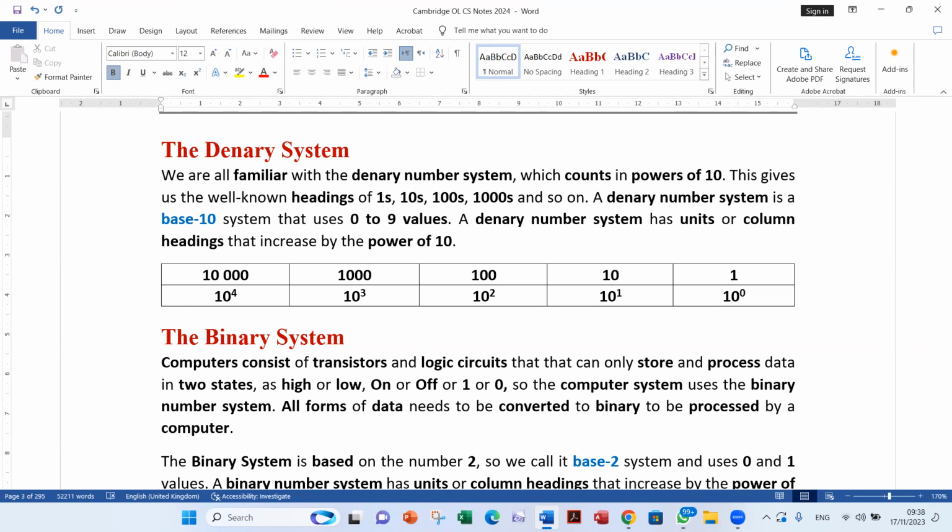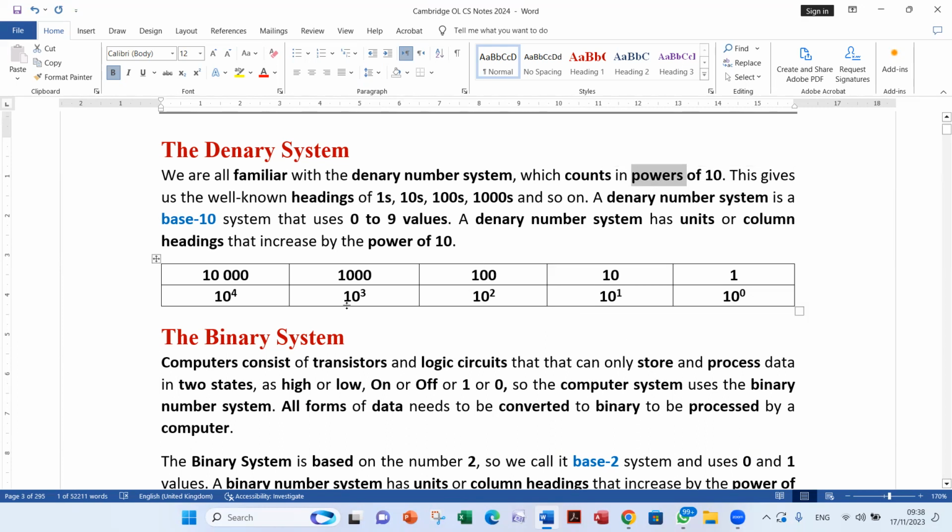A denary number system has column headings that increase by powers of 10. Here we can approximately say count in units of 10, but powers of 10 are more accurate. So column headings would be 1, 10, 100, 1,000.